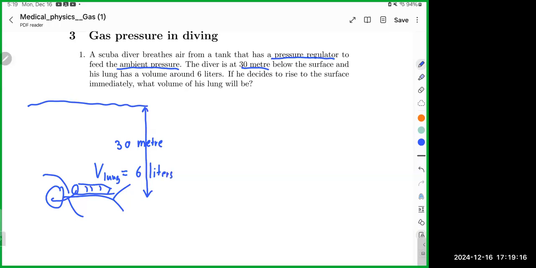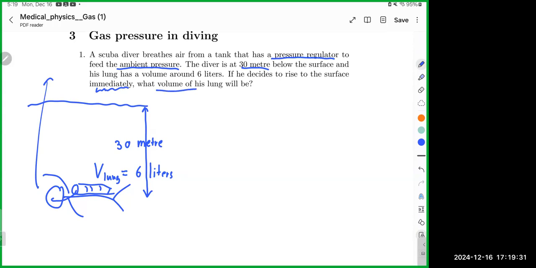If he decides to rise up, meaning go up immediately. This is a keyword. Go up immediately. What volume of his lung will it be?